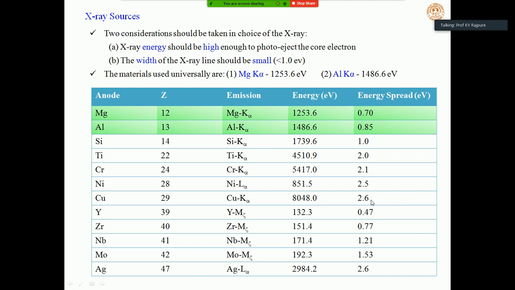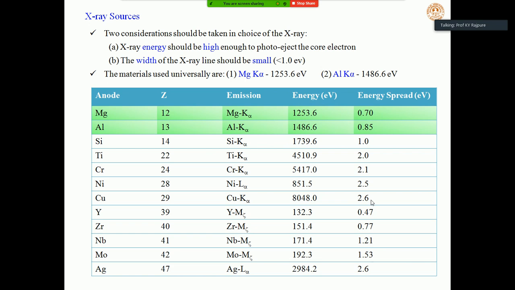What should be the X-ray source? As I said, the X-ray should be monochromatic, and if its energy is so high, it should be characteristic X-ray. Let me spare some time to explain the science behind generation of X-rays.